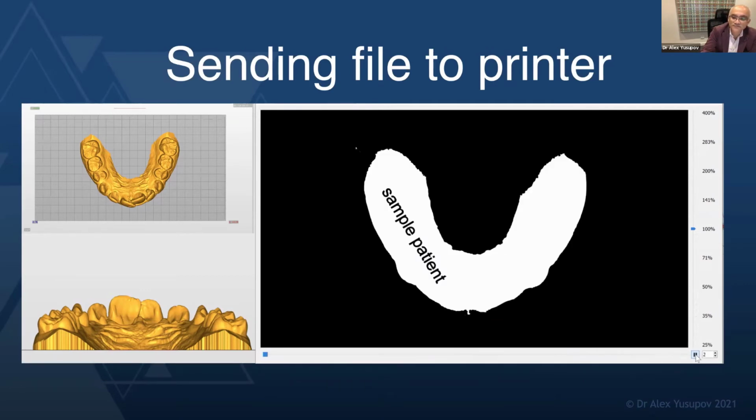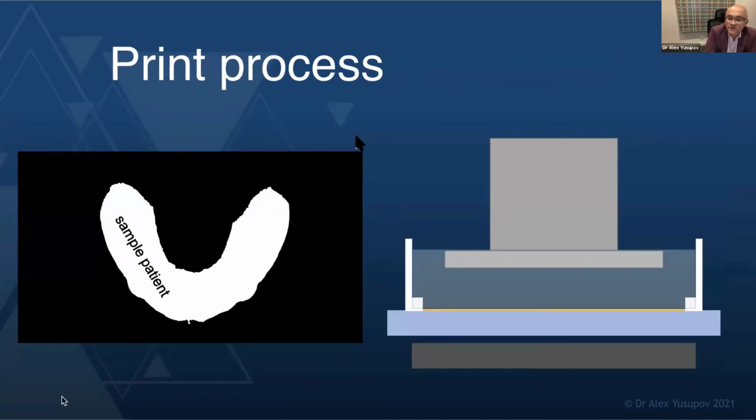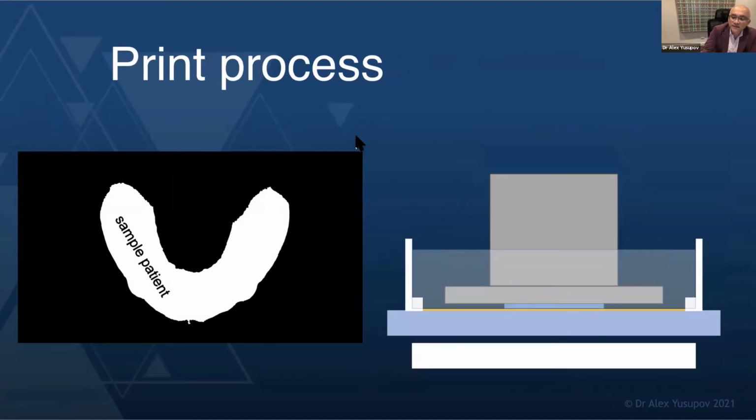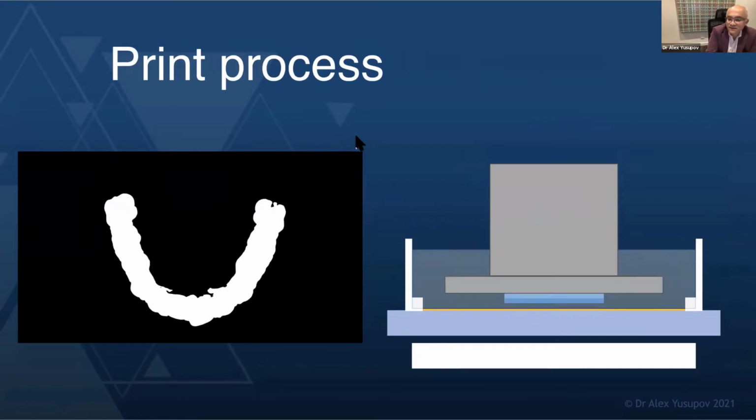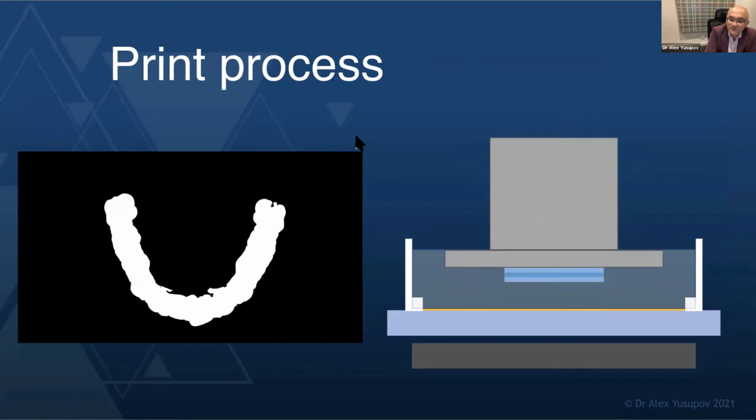And it gets to the end. So the print process itself is very straightforward. With every layer, the motor drops the platform, the light source goes on, a layer gets cured, and the process is repeated. And it keeps going until every layer is printed.